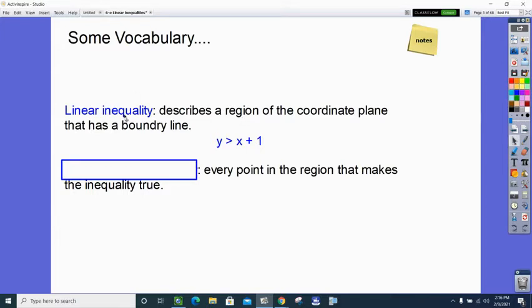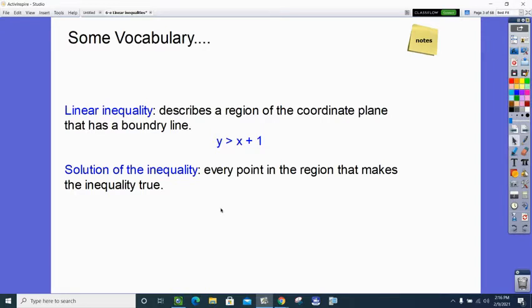When we solve a linear inequality, we are going to see a whole region, a whole bunch of points that could be part of the solution. So it's going to describe a region, and there's going to be a boundary line to that region. Every point in the region that makes the inequality true is going to be called the solution of the inequality.